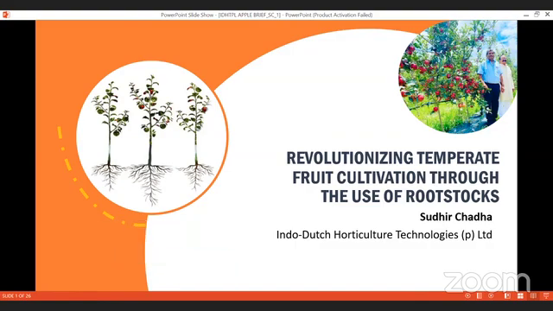So this is important about the rootstock, but other factors are also important. One is to train and prune the plant. Above the ground, we can control the plant by training and pruning.